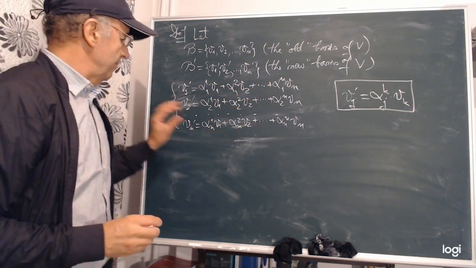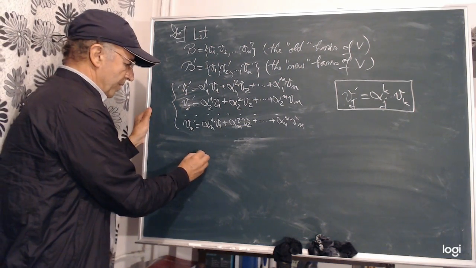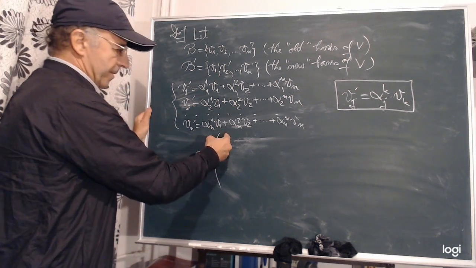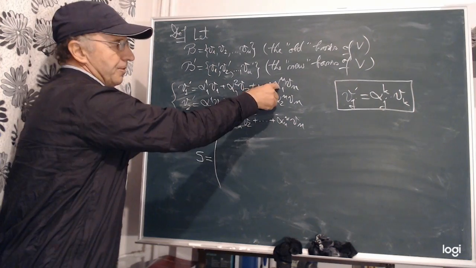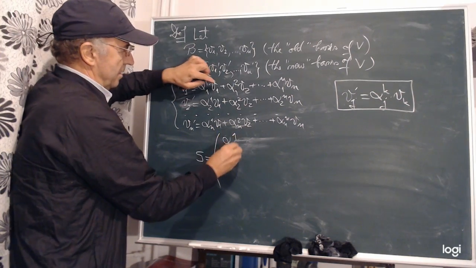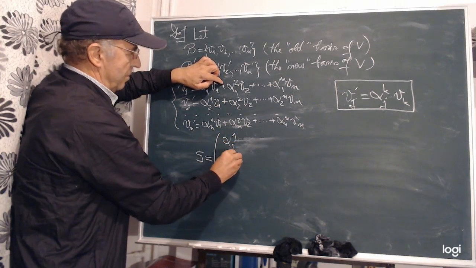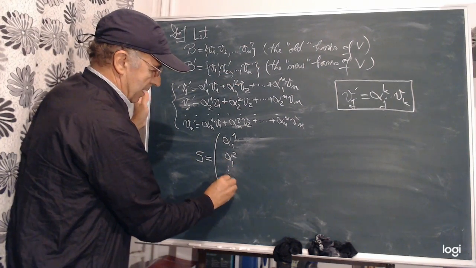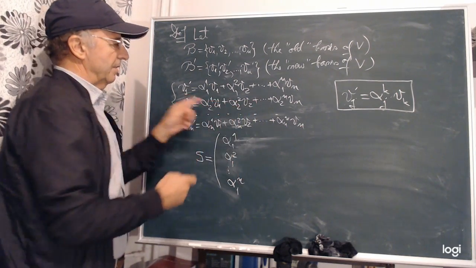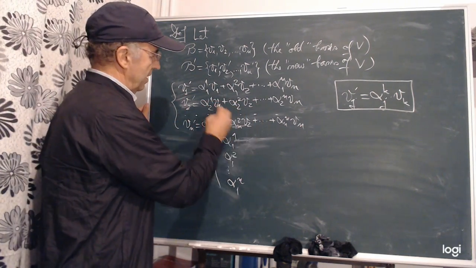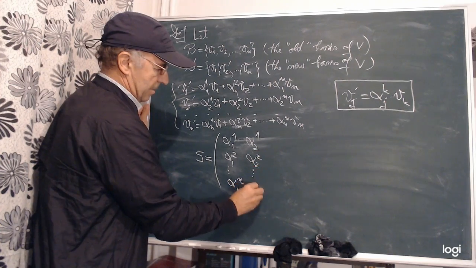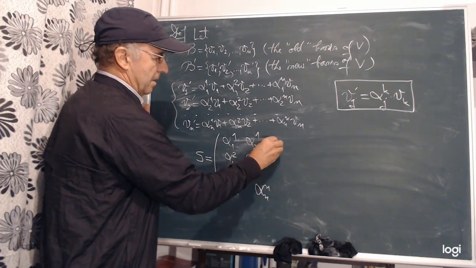By using these coefficients, we form the following matrix, let us denote it by S. In the first column, we put the coefficients of v1 prime: alpha 1,1, alpha 1,2, up to alpha 1n. In the second column, we put the coefficients of the next vector: alpha 2,1, alpha 2,2, up to alpha 2n, and so on.